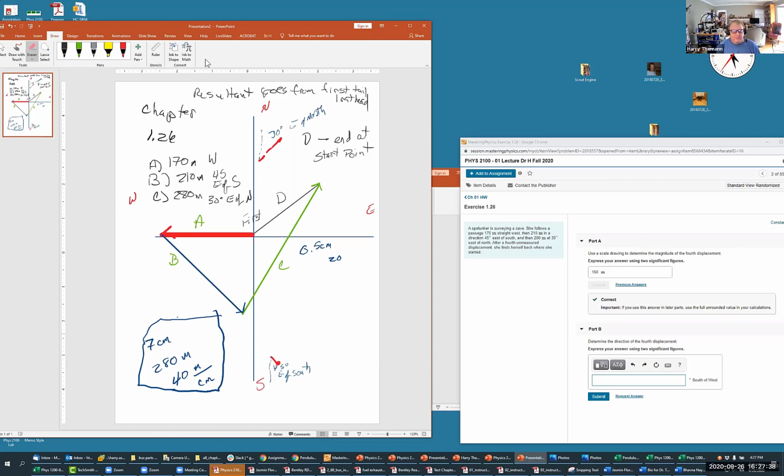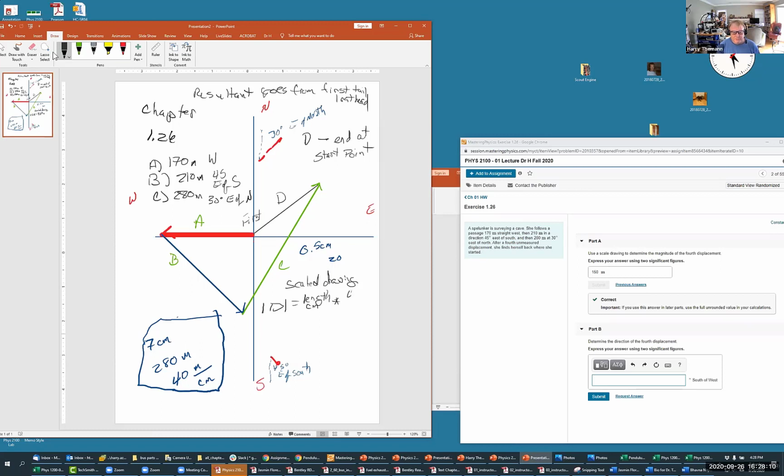So then you'd say that this is a scale drawing. So magnitude of D equals length in centimeters times, give me a minute.